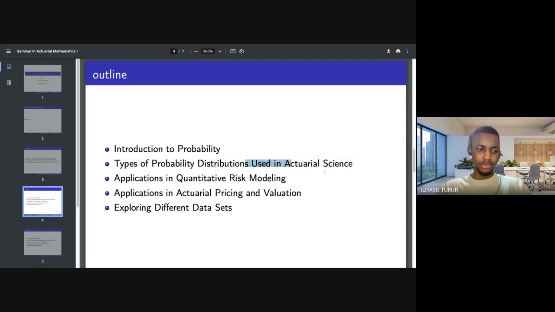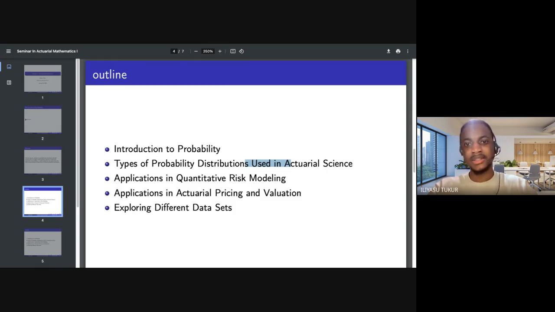For example, normal distribution. Mostly we use normal distribution. If, for example, you want to model the number of claims after a one-year period, the number of claims in your company, then you can assume that this data follows a normal distribution.